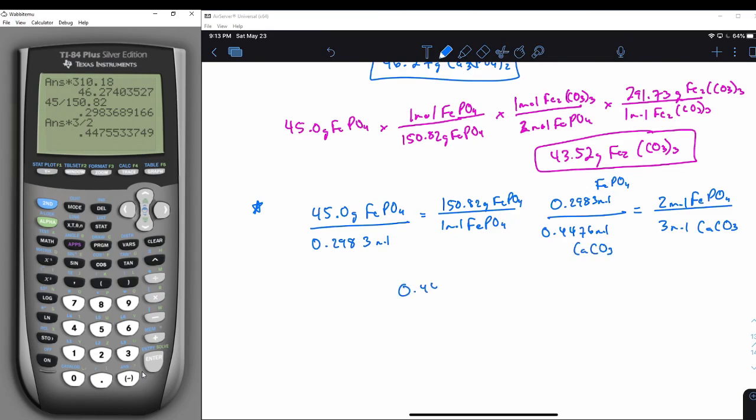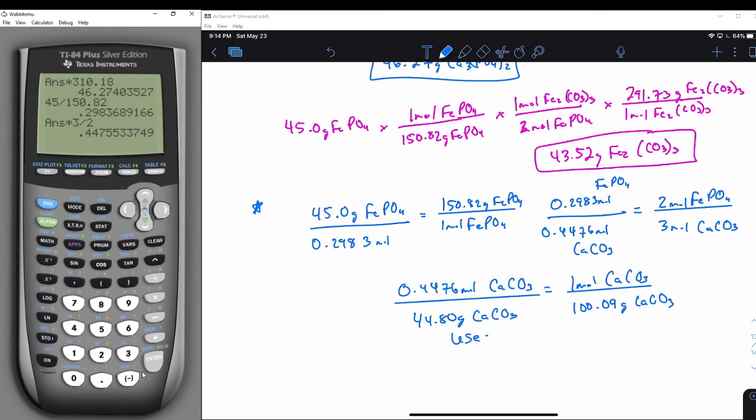And we convert that into grams so we can figure out how many grams were used. 1 mole of CaCO3 has a molar mass of 100.09 grams. And so therefore you end up getting 44.80 grams of CaCO3 used.